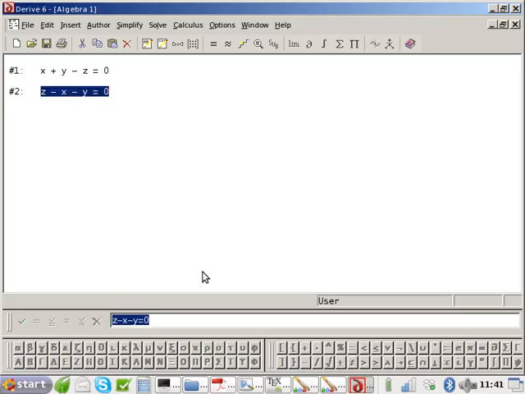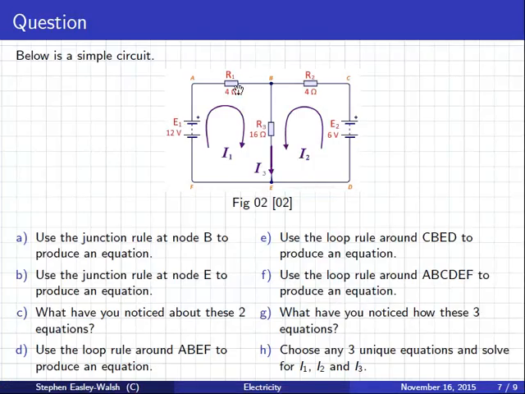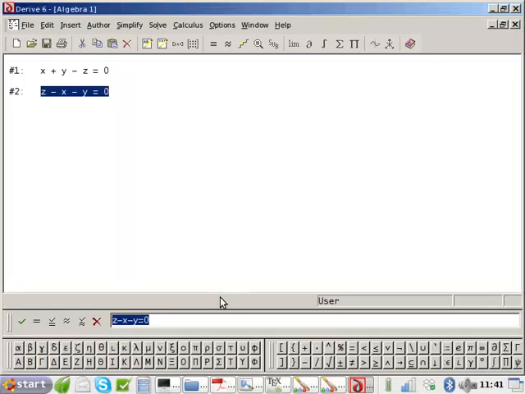Okay. Now, the loop. Who did the first loop for me? Was it you, Amanda? You did the loop on the left, didn't you? So give me this equation. 12 minus 4x minus 16z equals 0.